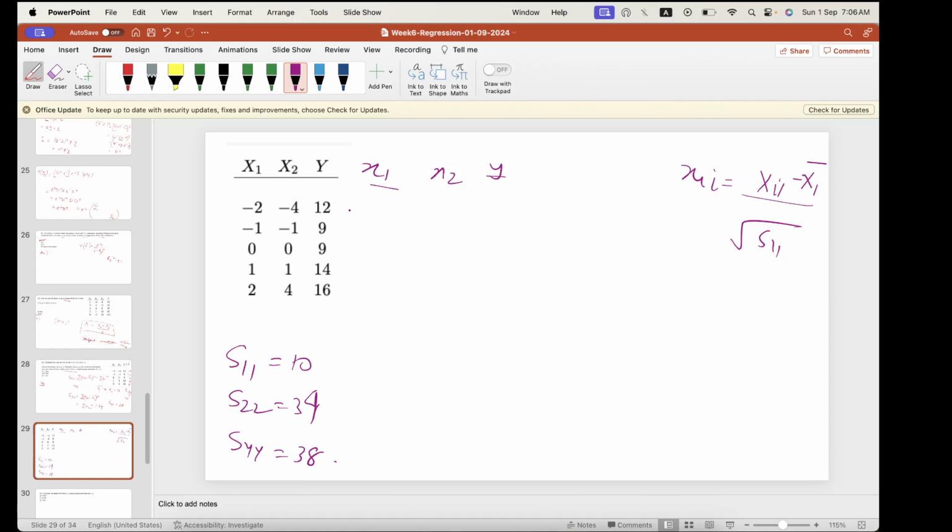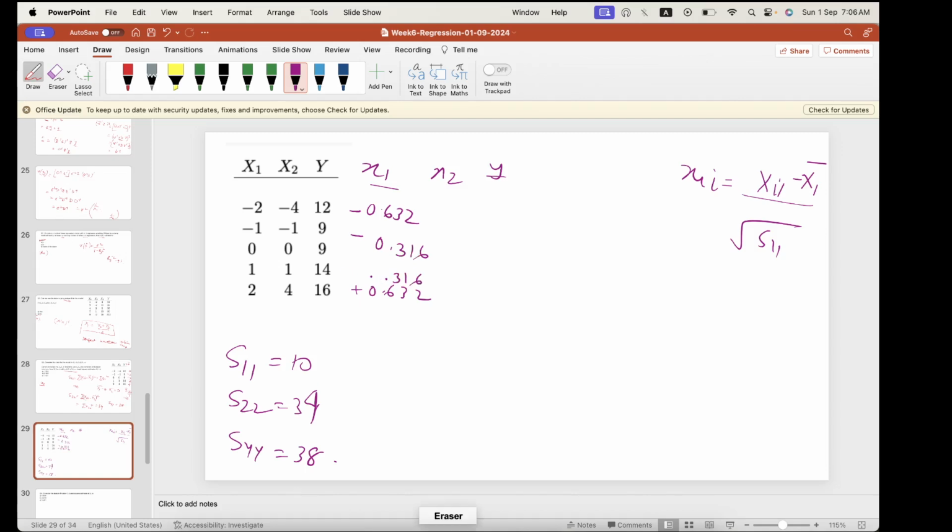So this is minus 0.632. This is again plus 0.632. This is minus 0.316. This is plus 0.316.